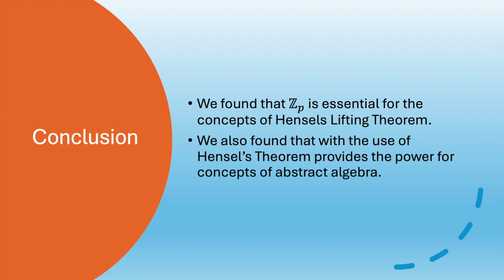Honestly, with Hensel's lifting theorem, it could be slightly confusing to understand why there's a lifting power to it. And if we look at what we're given with the p-adic integers of rings, we could see why and how it could be understood by both of those concepts.